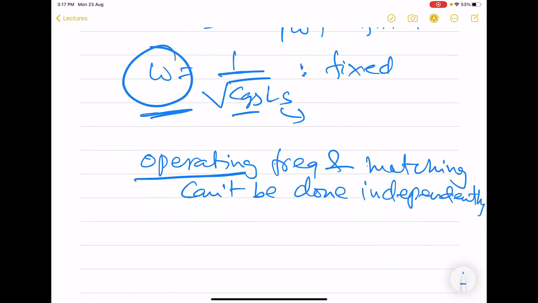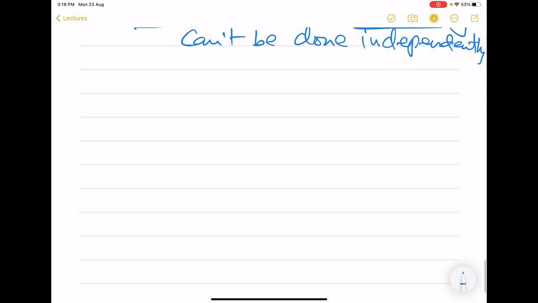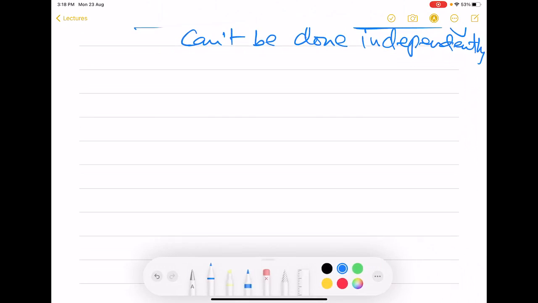So these two things cannot be fulfilled separately. They are interlinked. So to decouple the operating frequency from the match condition, what is done is we introduce another inductor at the gate, between gate and source. So we now create a new circuit.